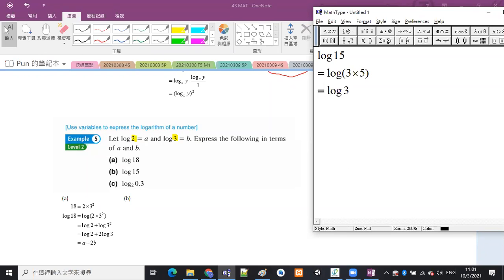So we can do this. Okay, log 3 is okay. Log 3 is okay. Can be changed to B. But log 5 is not allowed in the question. It's not given log 5. Okay, we have no information about log 5.